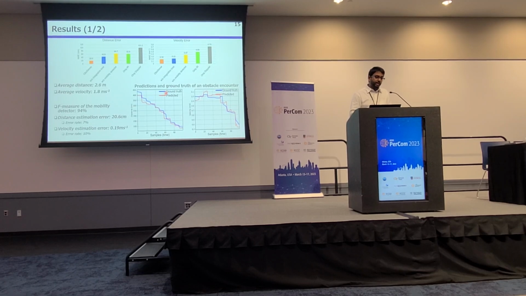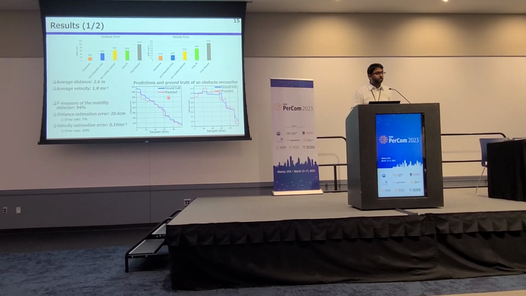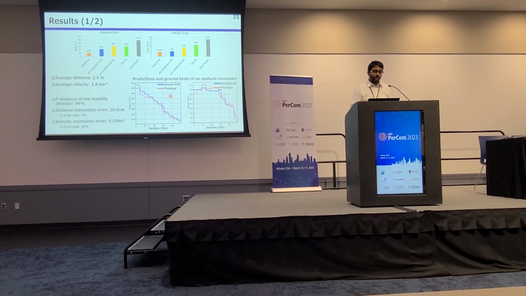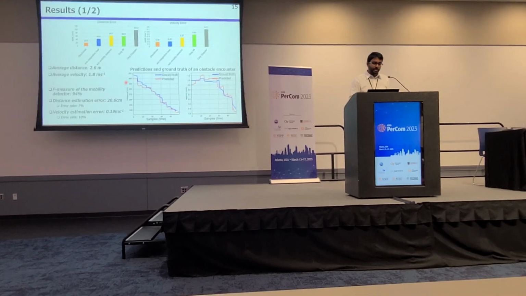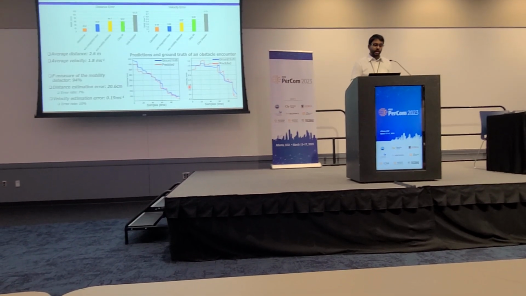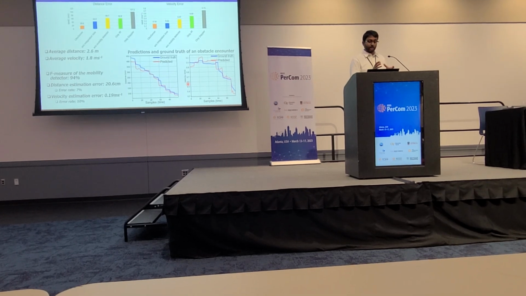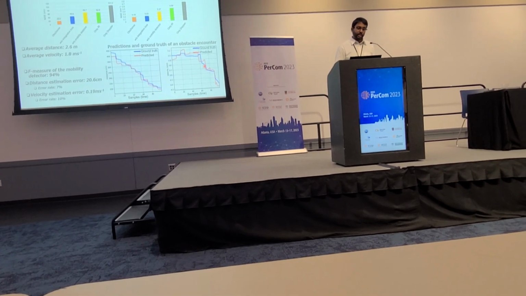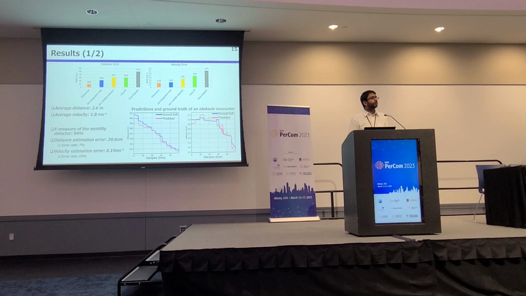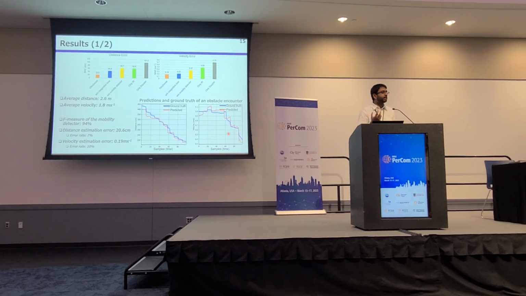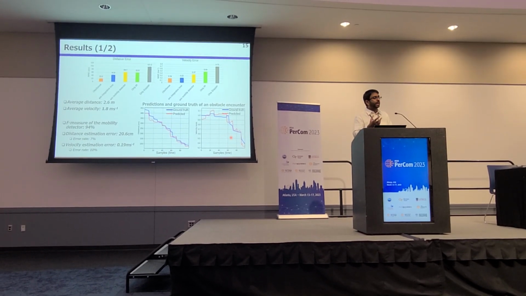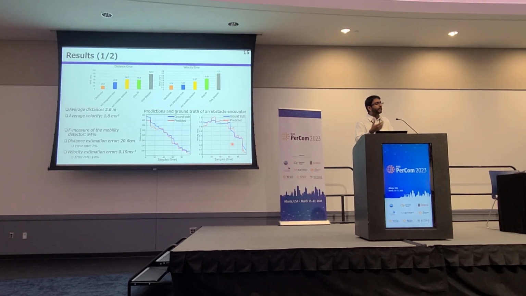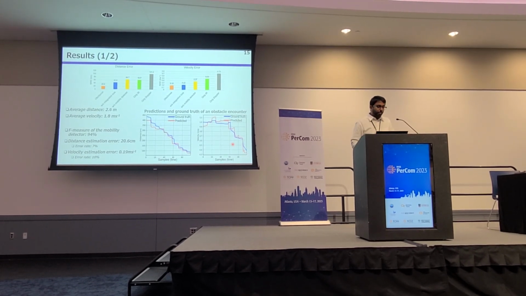And here you can see the predictions made by the ObSense method compared to the ground truth of the distance and velocity of a single obstacle encounter. As you can see, even though the relative velocity of the obstacle changed randomly, our neural network can still predict the distance and relative velocity pretty accurately.